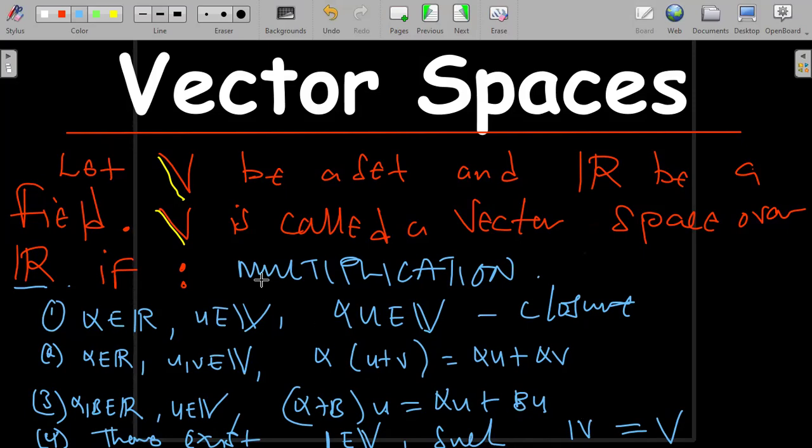Okay, and then the last one will be using these conditions that are on number 3. So if I have alpha multiplied by beta multiplied by the vector v, then here I should just get alpha beta and then the vector v outside.